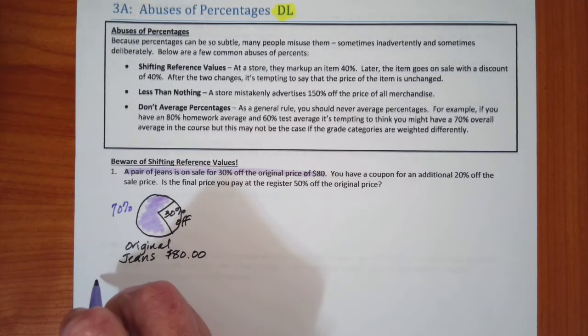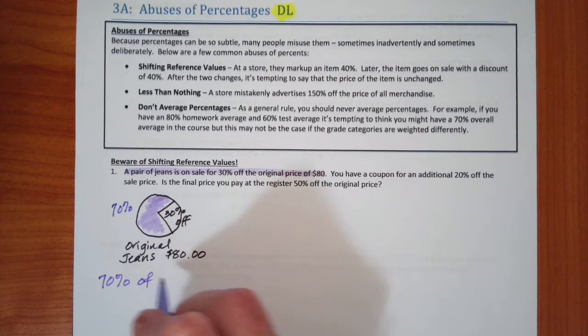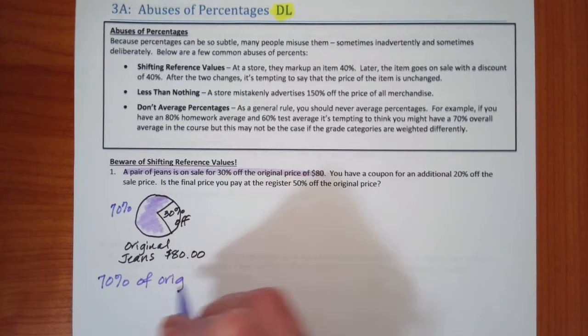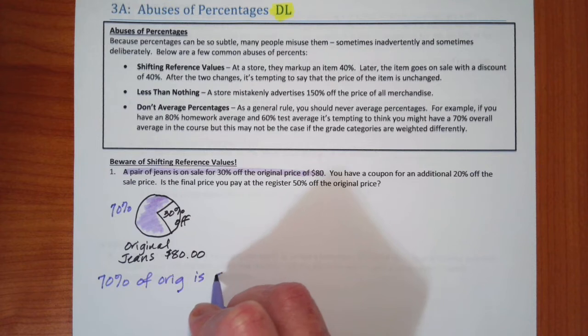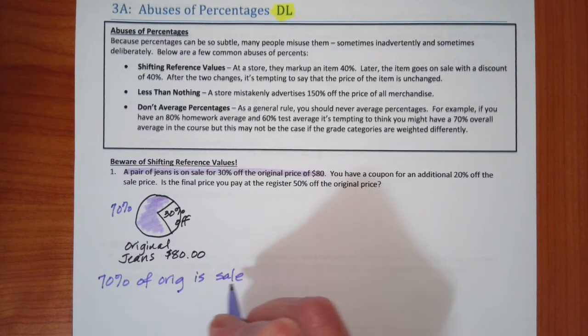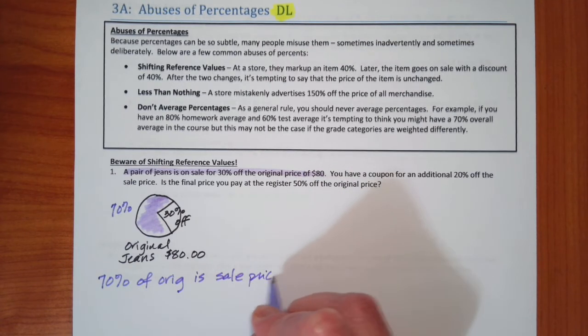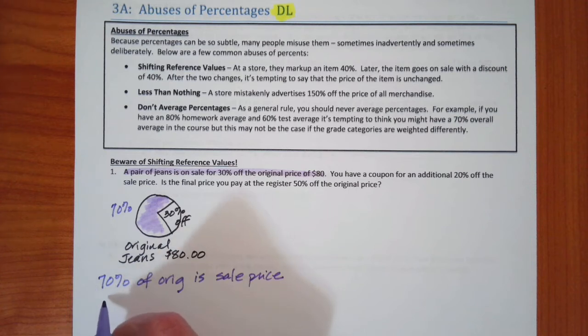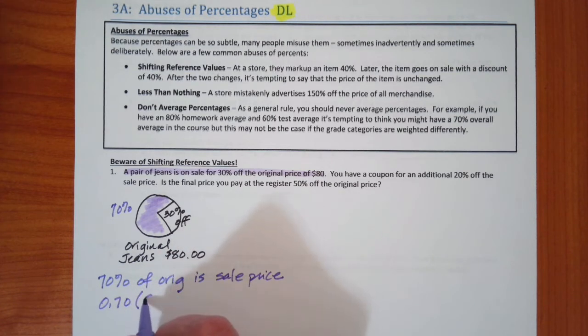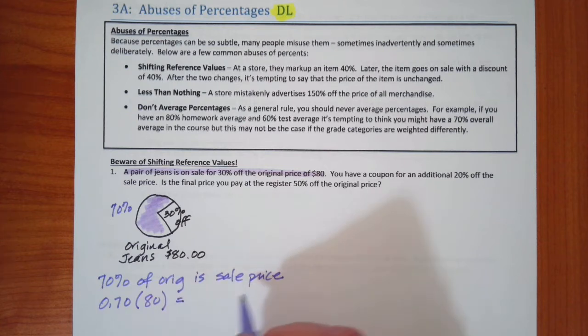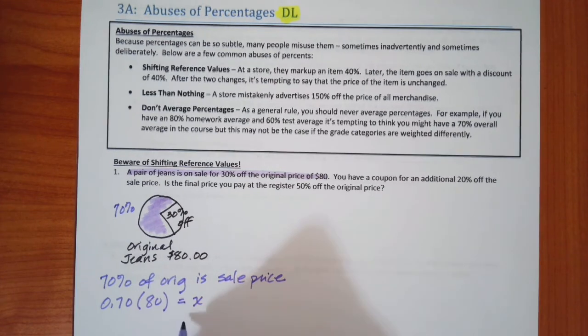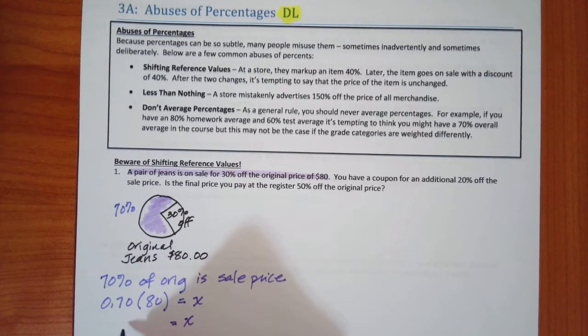Okay, so 70% of the original is the sale price. So that translates into 0.70. The original price is $80 and the sale price is X, which means that the sale price is $56.